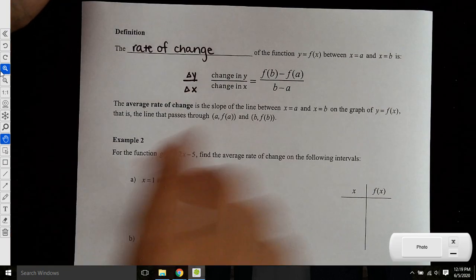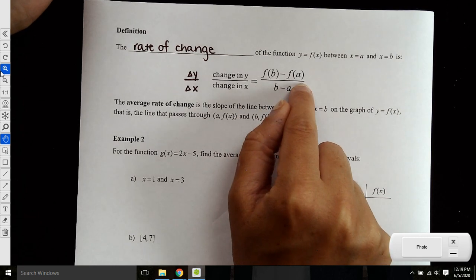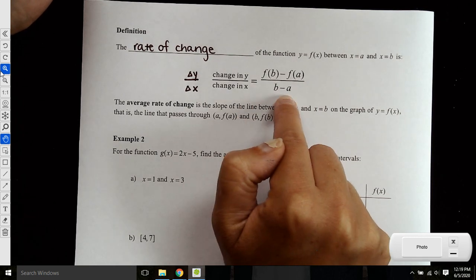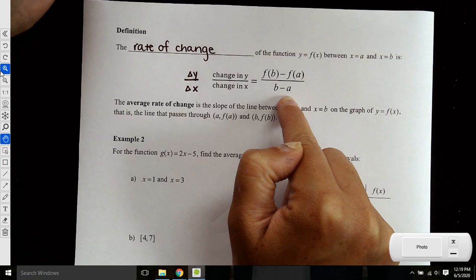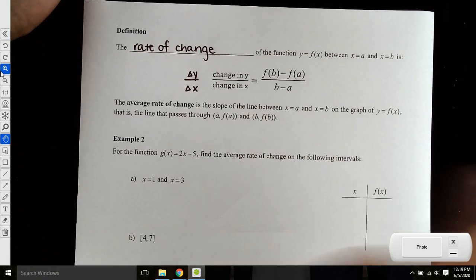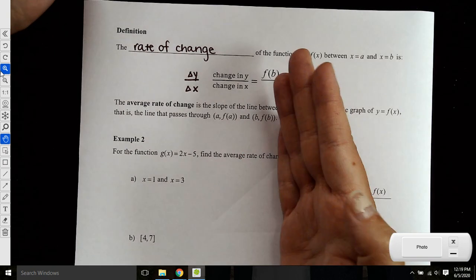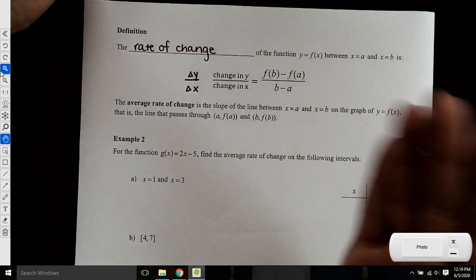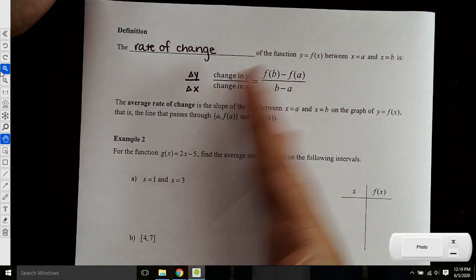So the change in y is f of b minus f of a, and the change of x is b minus a. So that's exactly what I did on the last page. The last one distance minus the other distance is the change in distance. One time minus the other time is the change in time.